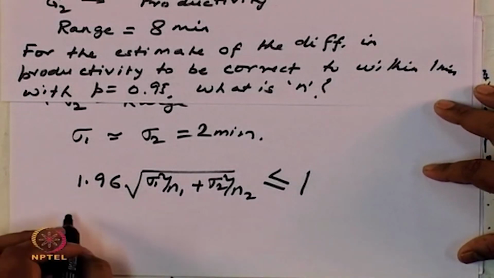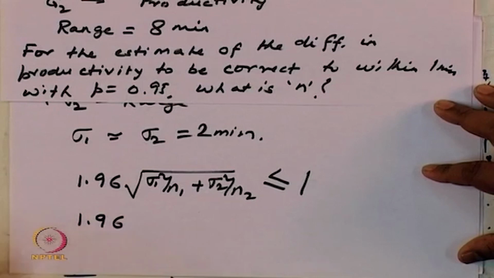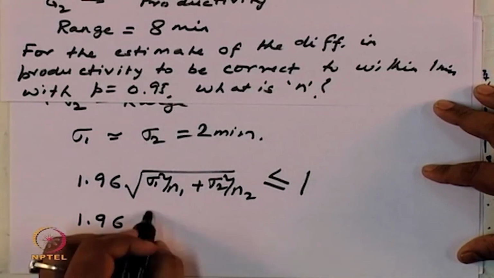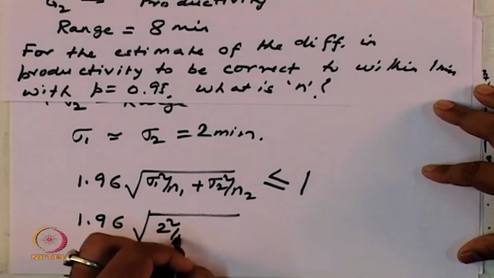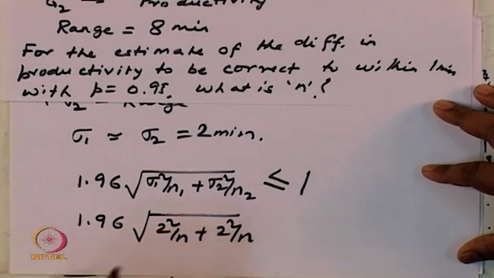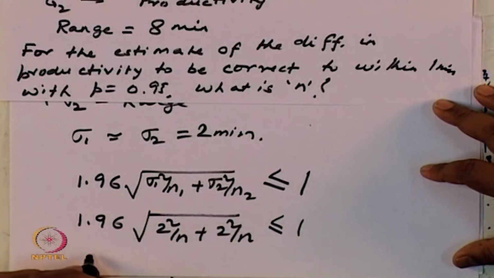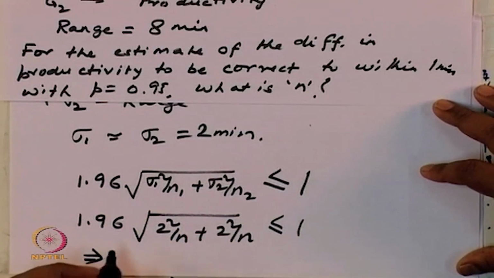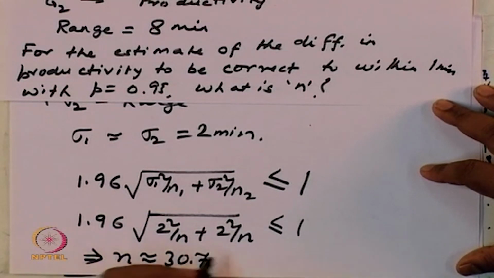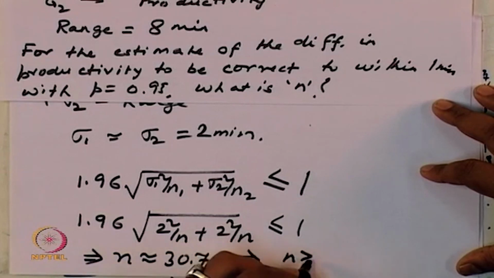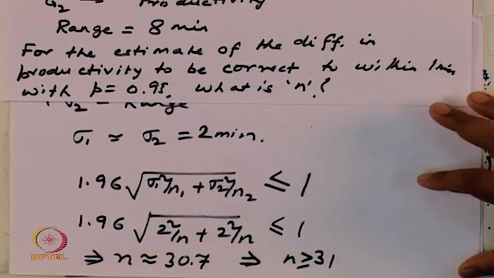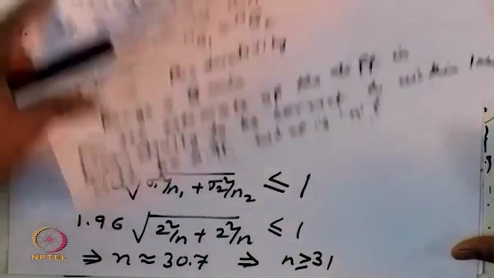In the above expression, you can simplify it by writing 1.96 root of 2 square by n plus 2 square by n, assuming n G1 equal to n G2, less equal to 1, and if you solve this equation, you get n roughly equal to 30.7. So, this means your n has to be greater or equal to 31. So, this concludes our discussion on confidence intervals.